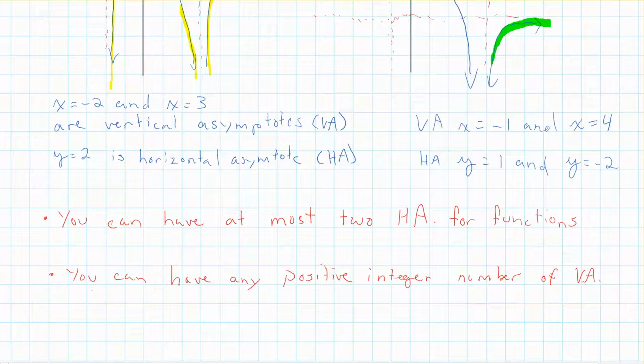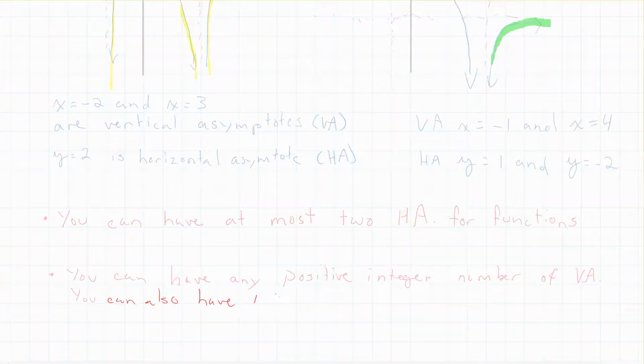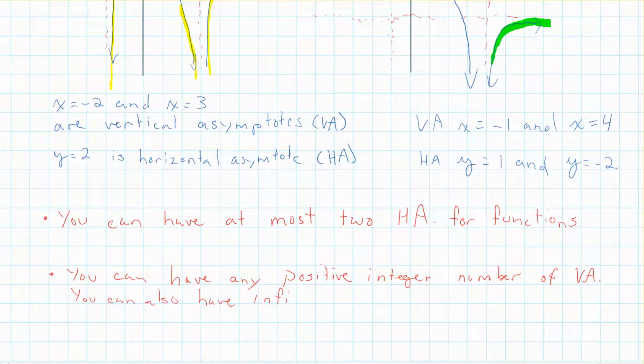Now, it also turns out you can also have an infinite number of vertical asymptotes.